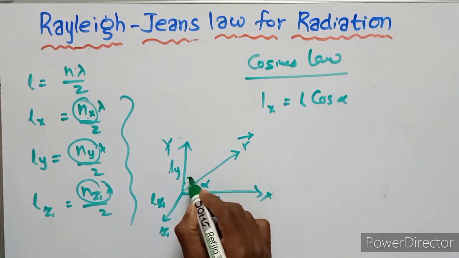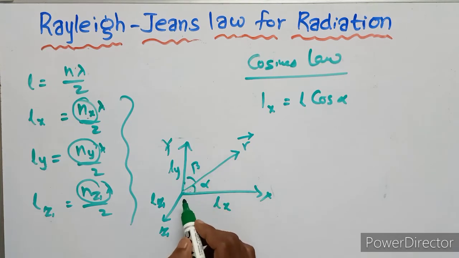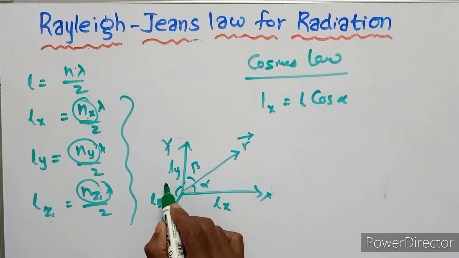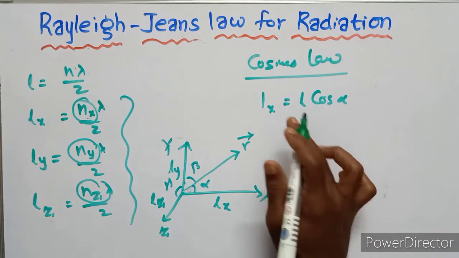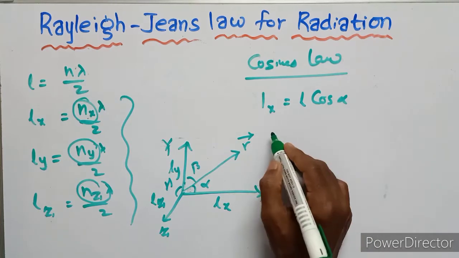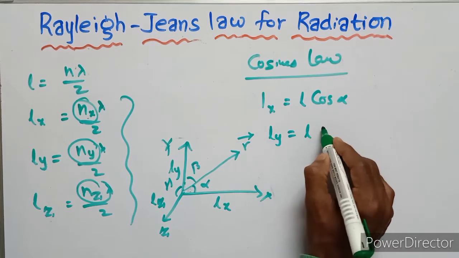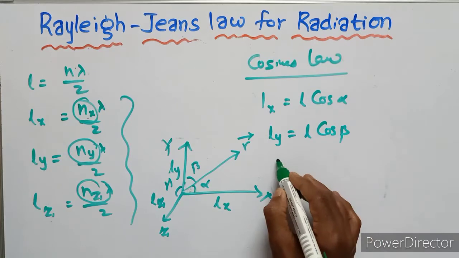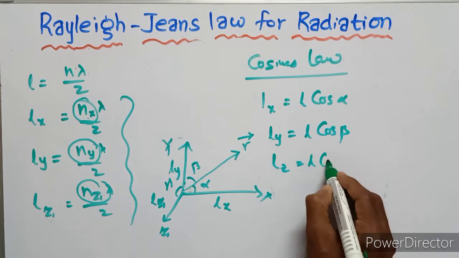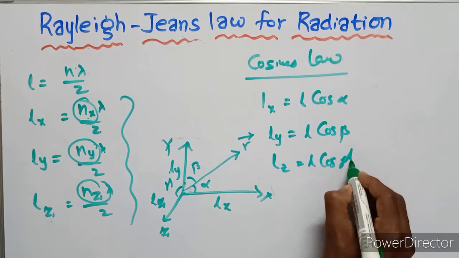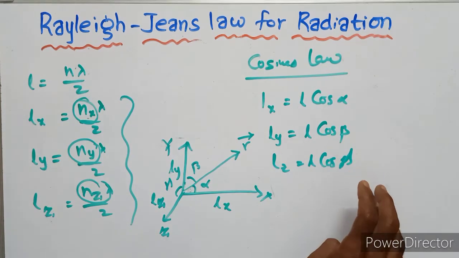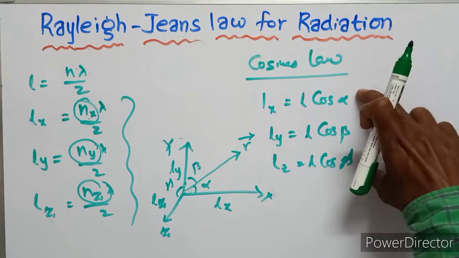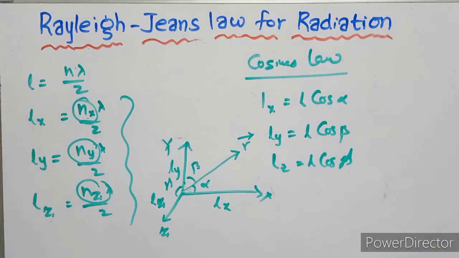This is alpha, this is beta, this is gamma. So from the cosine law, Lx equals L cos alpha, Ly equals L cos beta, and Lz equals L cos gamma. These are all cosine laws.